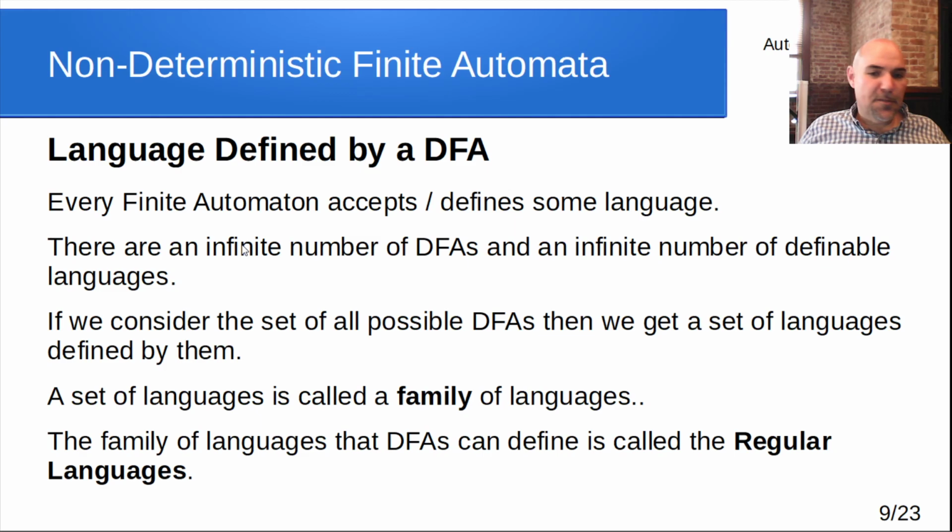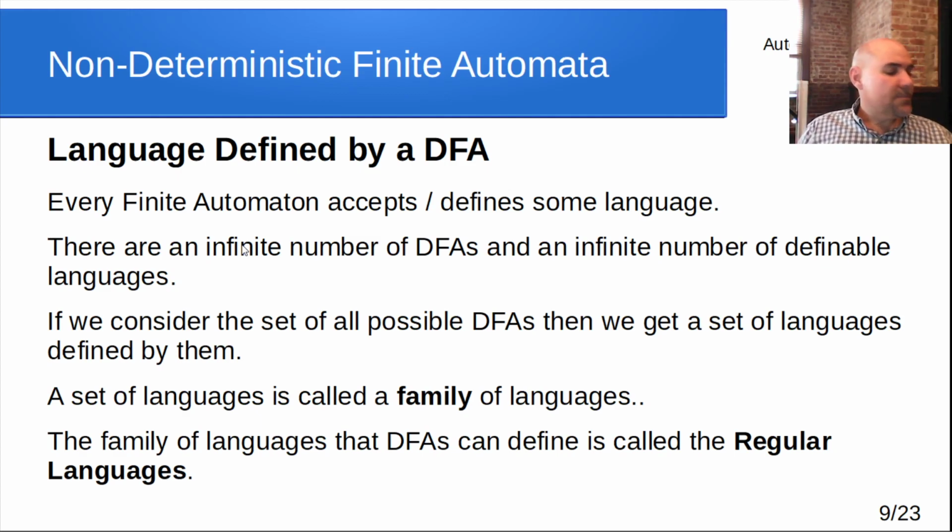So how many languages are there that we could make a DFA for? Infinite. And if we consider the set of all possible DFAs, then we get this set of languages that could be defined by a DFA. That's creating this infinite size set of possible languages that we could create DFAs for.